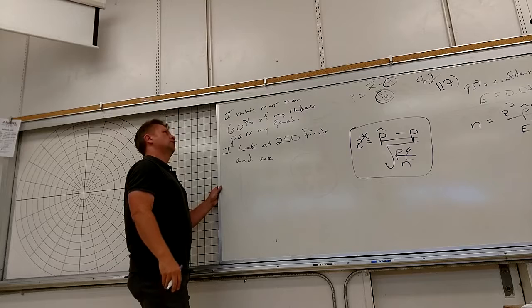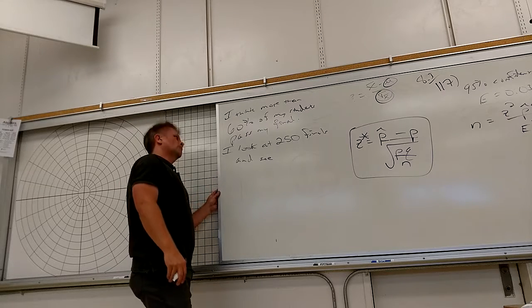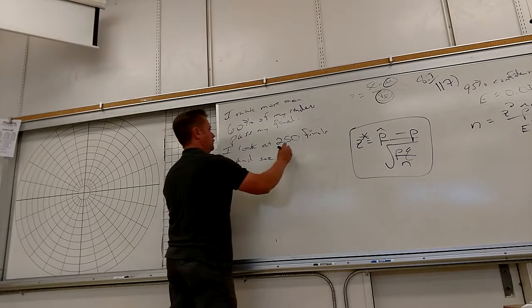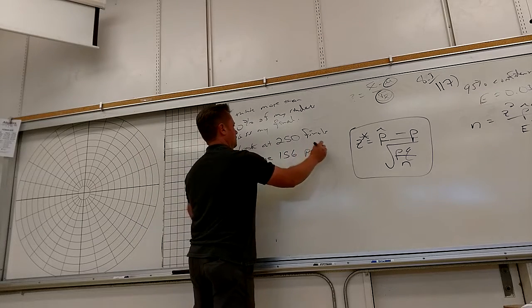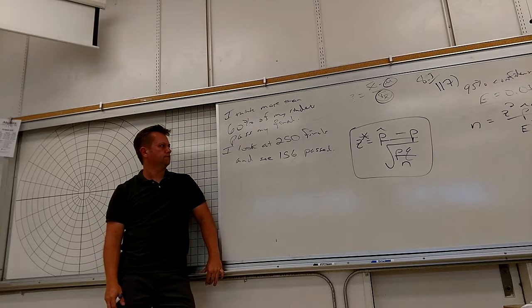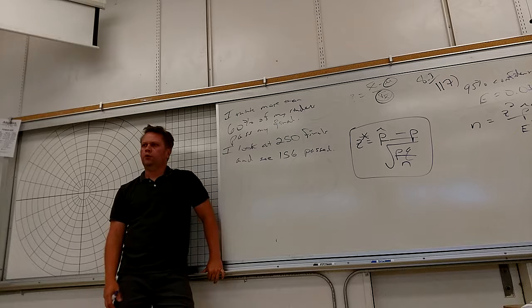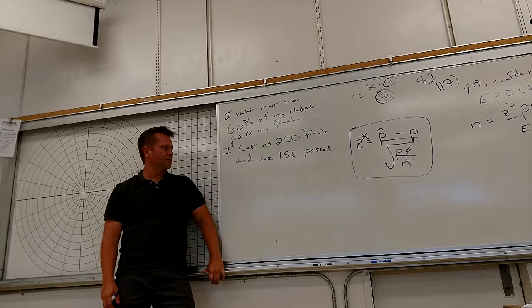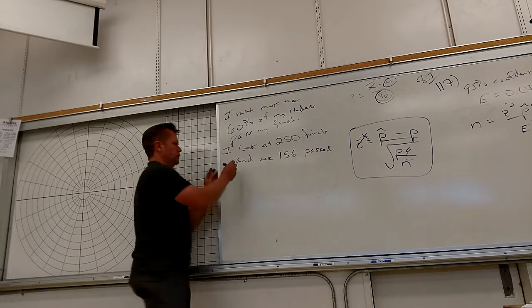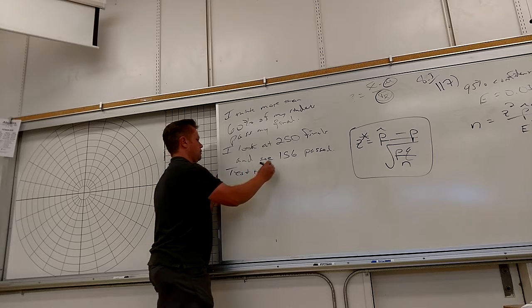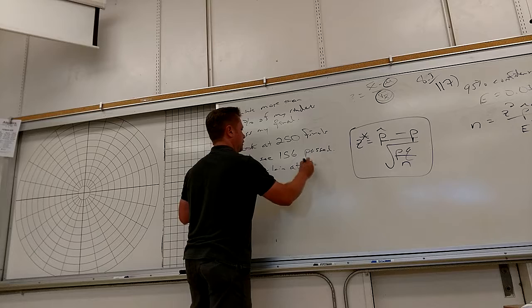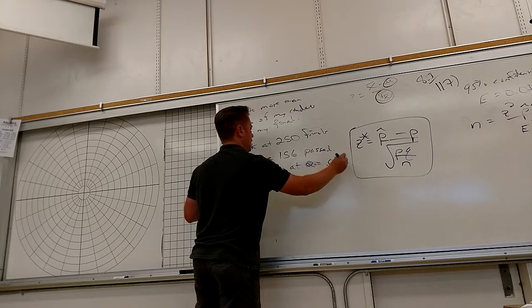I don't know, man. 156 passed. So, is my claim correct? Test the claim at alpha equal to 0.05.